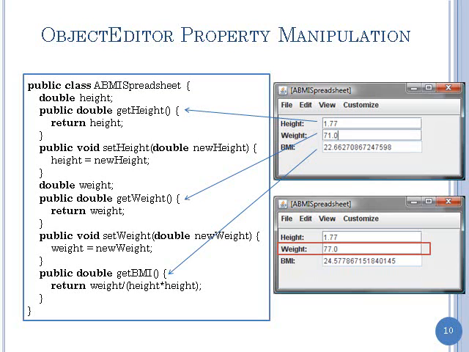For each property, it creates a field. And then how does it display the value of the field? It calls the getter for that property. That's why we created them, because now when I change weight from 71 to 77, what exactly will it do?